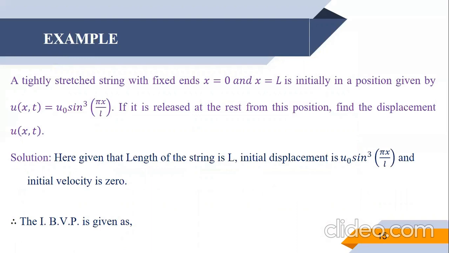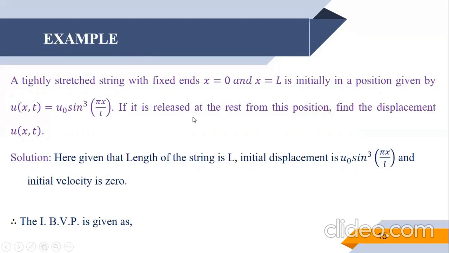Now we discuss one example based on problem 2. A tightly stretched string with the ends fixed at x is equal to 0 and x is equal to L is initially in a position given by u(x,t) is equal to u0 sin cube(pi x by L).